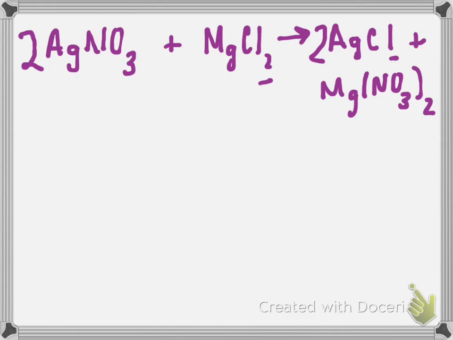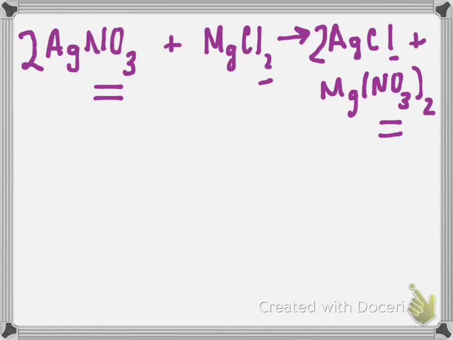Now, here's where we have another rule we can tie in. Treat polyatomic ions as one thing so you don't have to deal with every single atom separately. For instance, on the left-hand side, I have NO3s. On the right-hand side, I have NO3s. Remember, that's a polyatomic anion called nitrate.